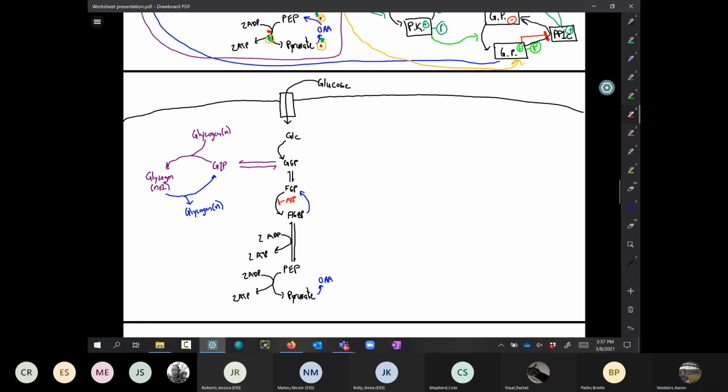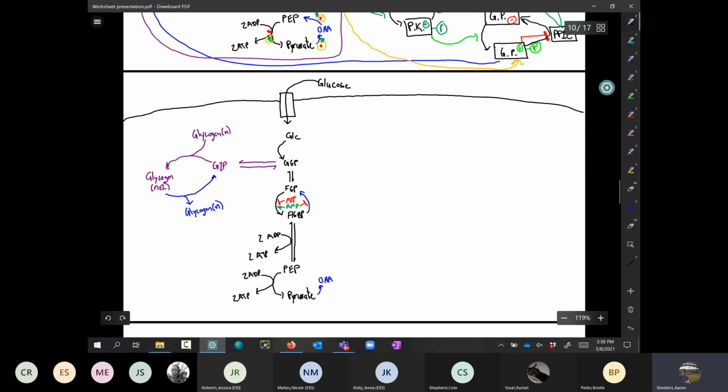Now, when we look at this, the converse of that is AMP. AMP activates this, and it inhibits this. So if you were to take off on a run or whatever, ATP concentrations will go down, and AMP concentrations would go up.